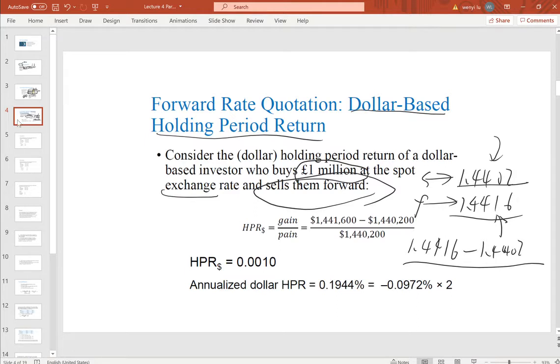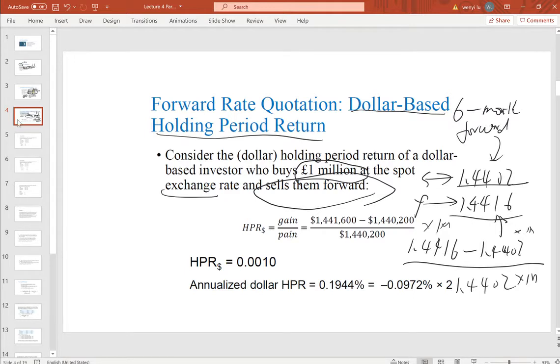So that's 1.4402. And we have a million, so you can multiply by a million if you want. Then this will be your percentage holding period return for the 6-month forward contract.